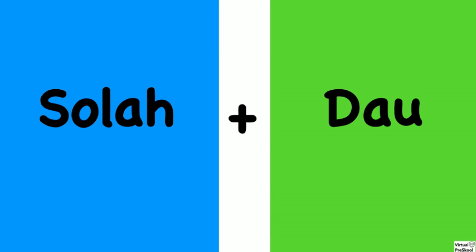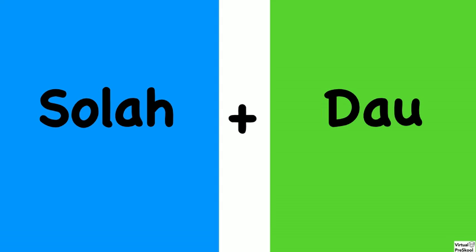All right, last one. What is Sola plus do? What is Sola? Sola is 16, right? 1, 2, 3, 4, 5, 6, 7, 8, 9, 10, 11, 12, 13, 14, 15, 16.